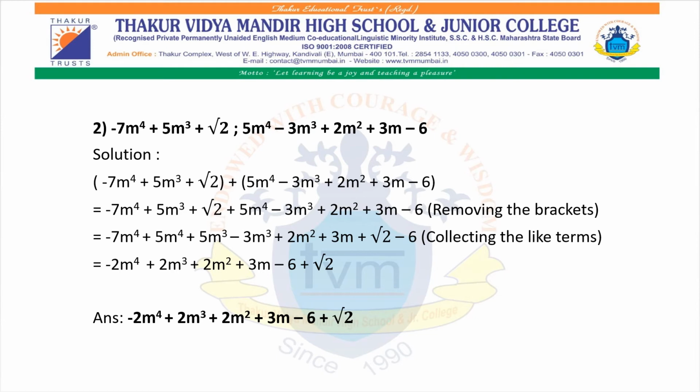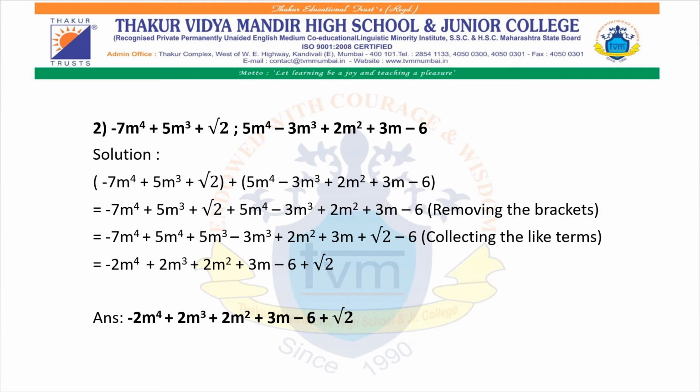So, we will get minus 7m raised to 4 plus 5m cube plus root 2 plus 5m raised to 4 minus 3m cube plus 2m square plus 3m minus 6. Now, we will write the like terms together. So, minus 7m raised to 4 plus 5m raised to 4 plus 5m cube minus 3m cube plus 2m square plus 3m plus root 2 minus 6.